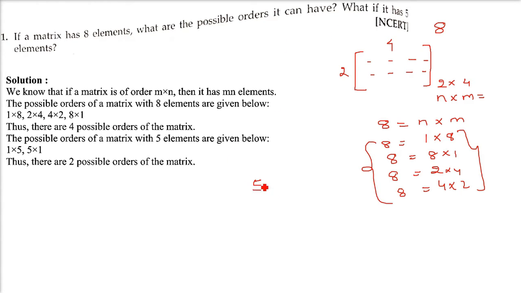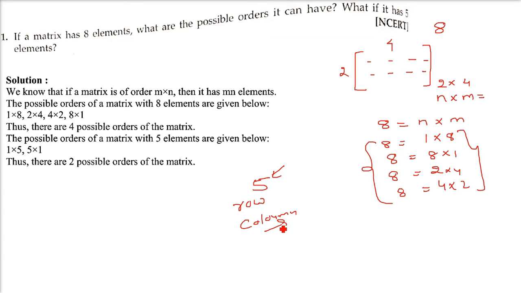How about 5? First of all, 5 is an odd number. So with 2 values multiplied, how can we get an odd number? If you want to arrange 5 elements, it can be only a row matrix or a column matrix.